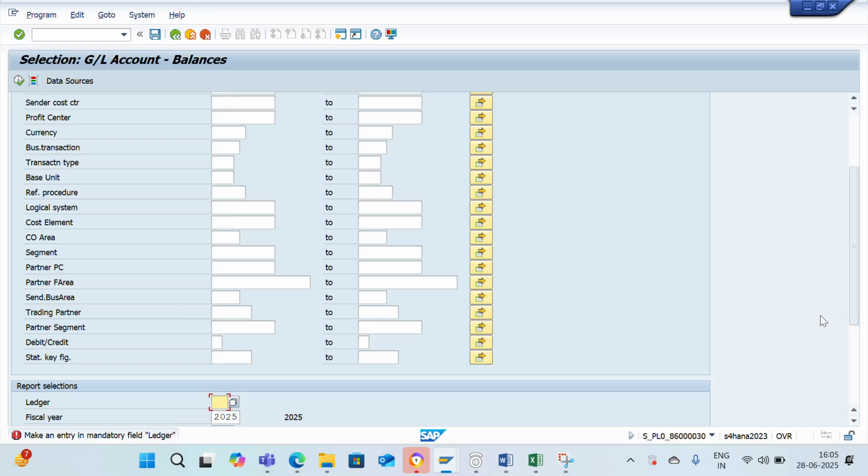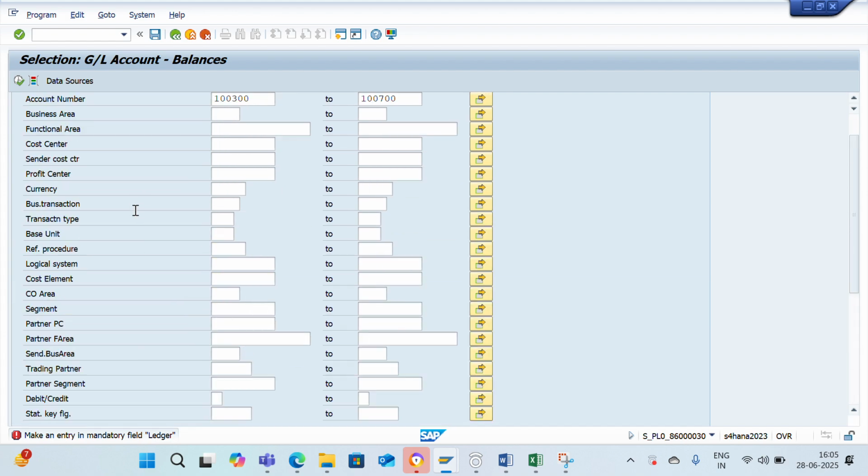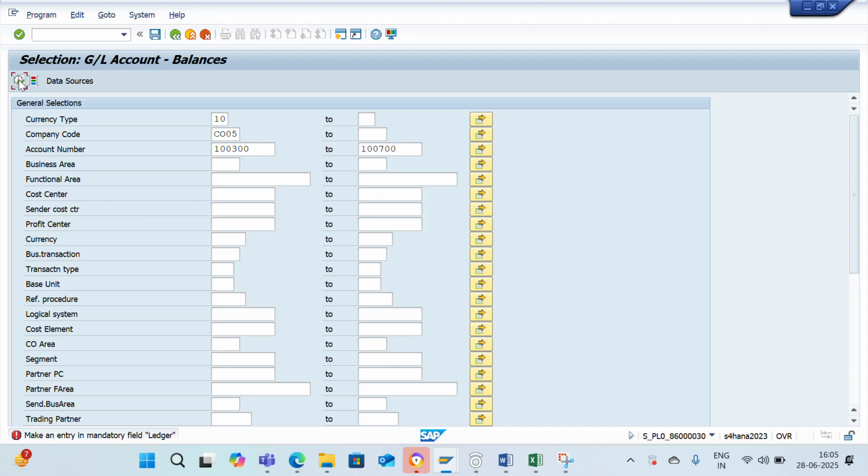We have ledger 0L, and from period 1 to 12 I want to see all the postings that have occurred in those GLs given above in fiscal year 2025. Let me execute this.